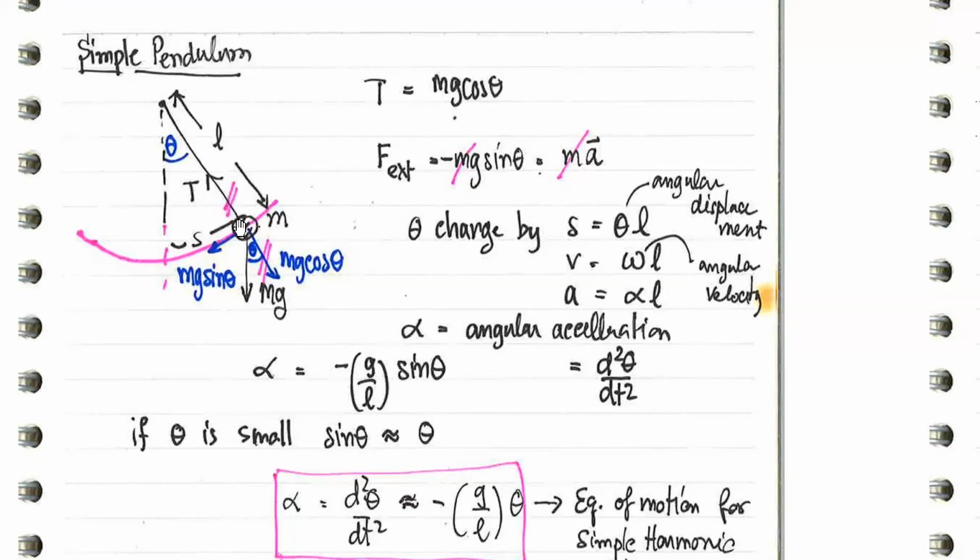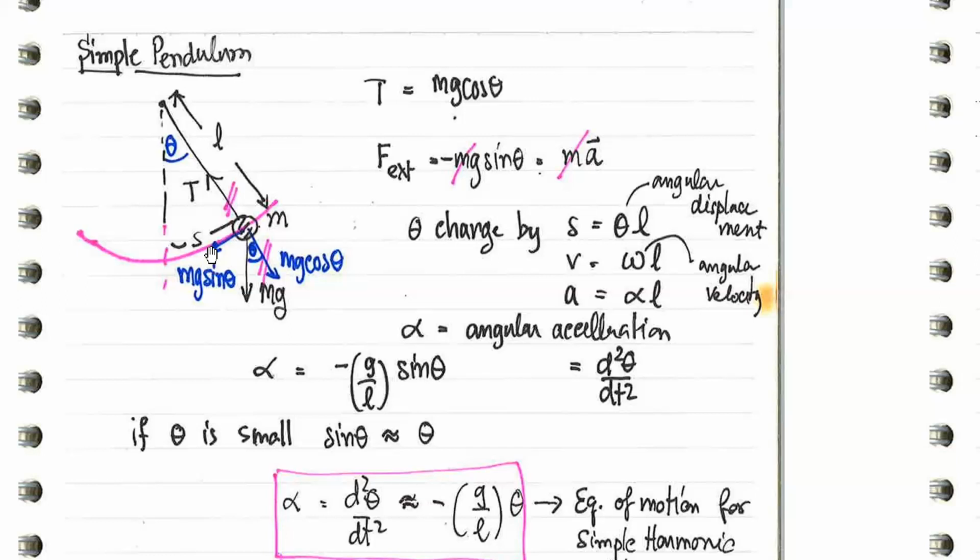Now, we can show that according to Newton's law, when you pull it out by the angle theta, the weight mg points downward. So you break it into two directions. The mg cosine theta will be countered by the tension in the string, and this mass is left with only mg sine theta downward.